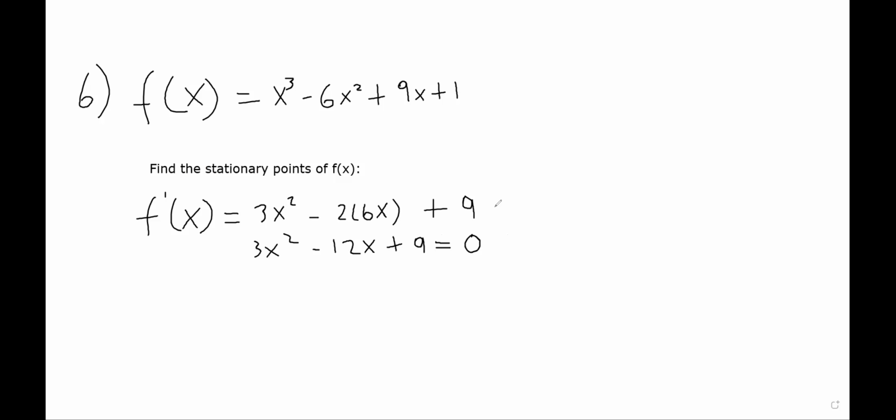But guys, just a major tip: if we have an equation where something can divide through all the terms to make it a little bit simpler, do it. In this case, we see 3x squared minus 12x plus 9. The smaller the number we're working with, the easier it is for all of us.